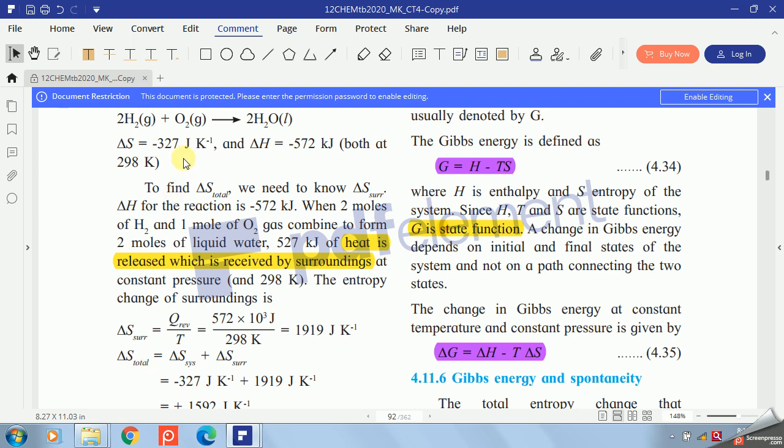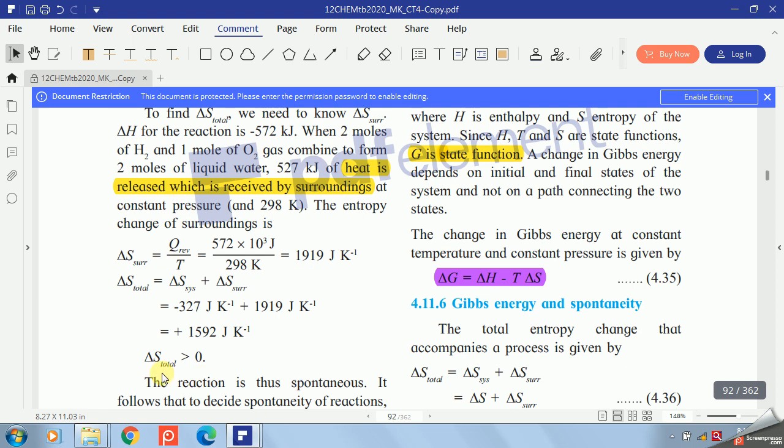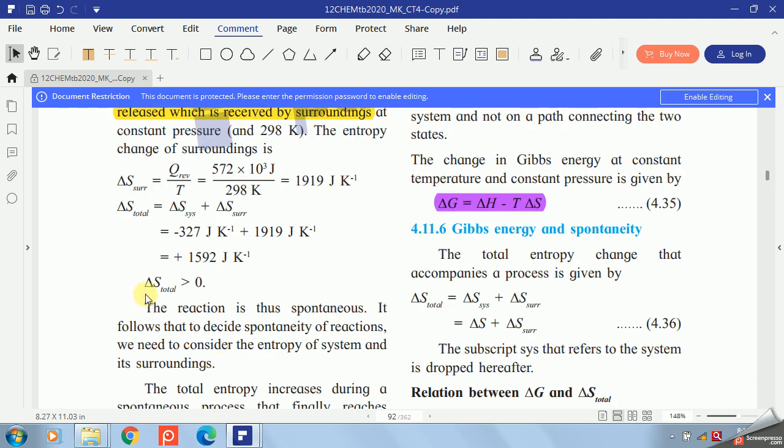Delta S system is minus 327 joule per Kelvin and delta S surrounding is 1919. So your final value for delta S total is 1592. So here it is plus. This indicates that the change in total entropy is greater than 0, and that's why the reaction is spontaneous.